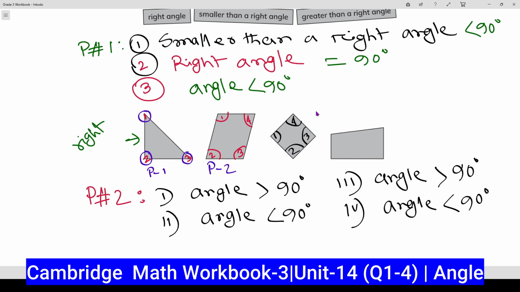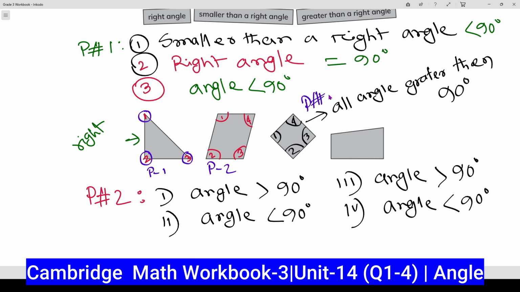Okay? We can say all angles greater than 90 degrees. Okay? It's photo 3.